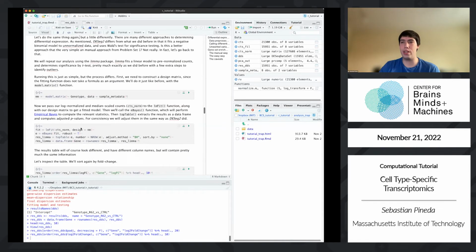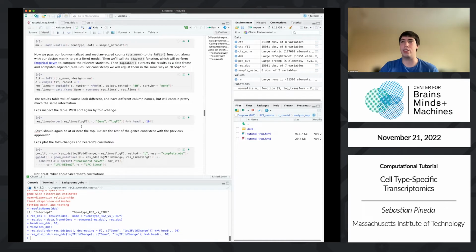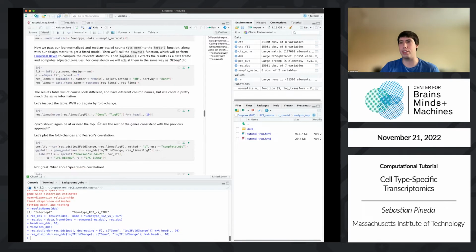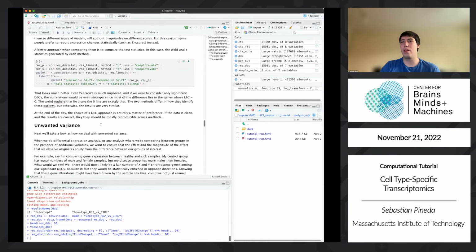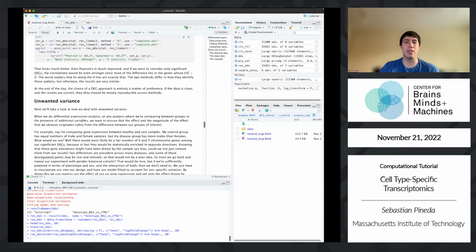So the rest of this, which is in the GitHub, just shows how you would repeat this process with a different software package. It's going to give you the same results. But essentially it really is that simple.